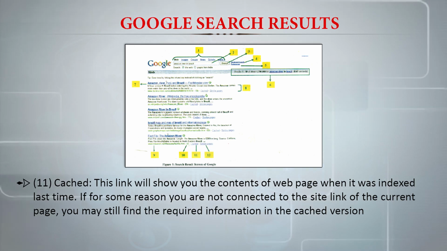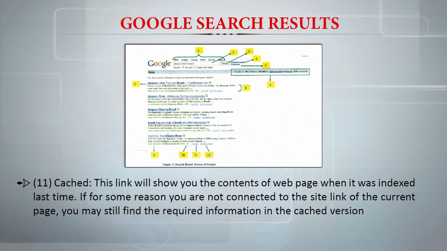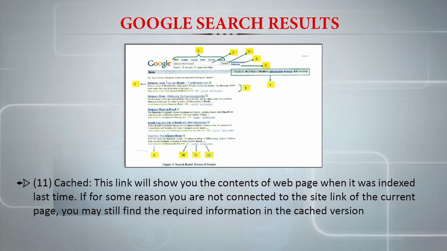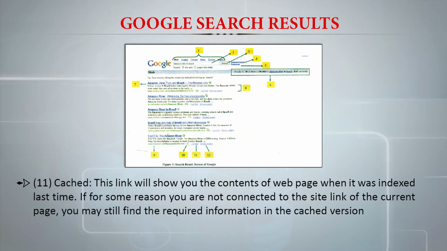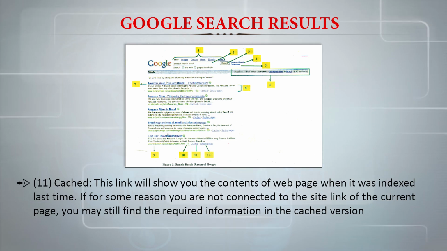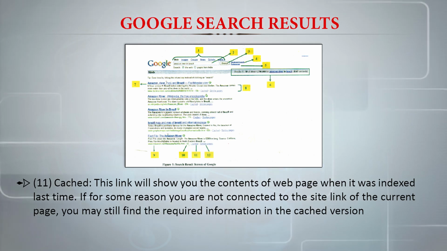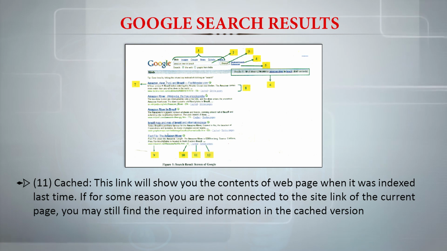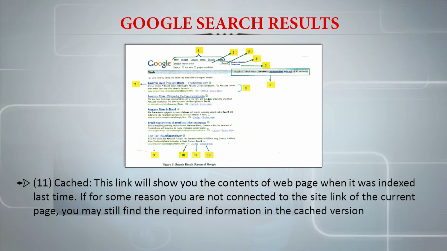You will be encountering this many times. For example, you want 2 days news on a digital newspaper. So you will get news which you already know and which happened 2-3 days back. Then if you look at the URL of that particular website, you will find the word CACHED.